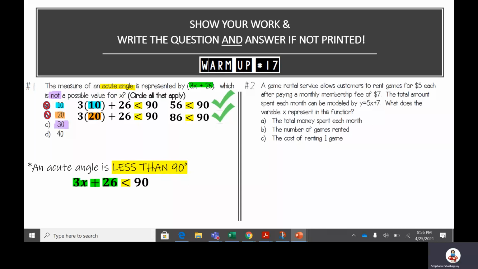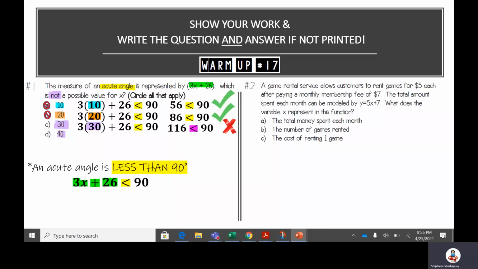Then we're going to plug in 30. 3 times 30 is 90, plus 26 is 116, and 116 is not less than 90. So it is not a possible value for x, which means it is our answer.